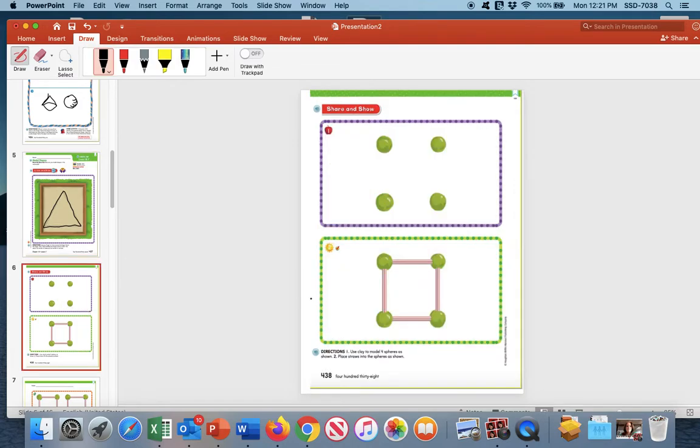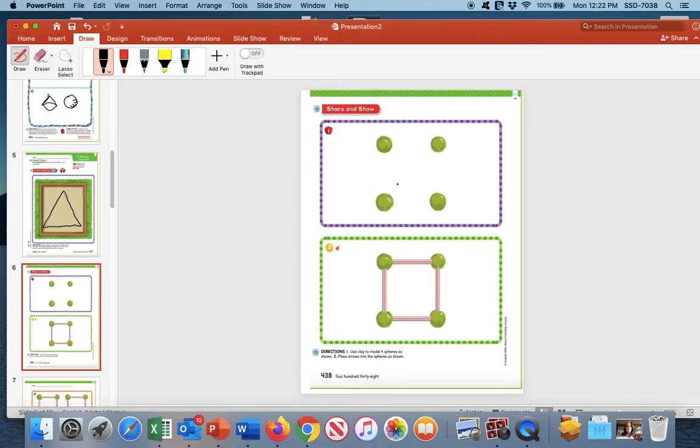Looking at the next page, it says to use clay to model 4 spheres as shown. It says place the straws into the spheres as shown. Now this is actually not spheres, they're talking about the balls of clay. These right here are spheres.